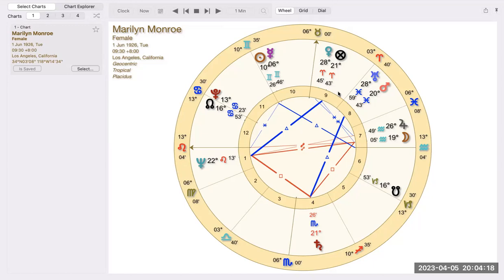Oh, yeah, it's Taurus. Yeah, it's Taurus. No, but the sun is in the 11th, right? Yeah, so the sun and Mercury are both in the 11th. So actually, there's nothing in the 10th house. The 10th, it's empty.